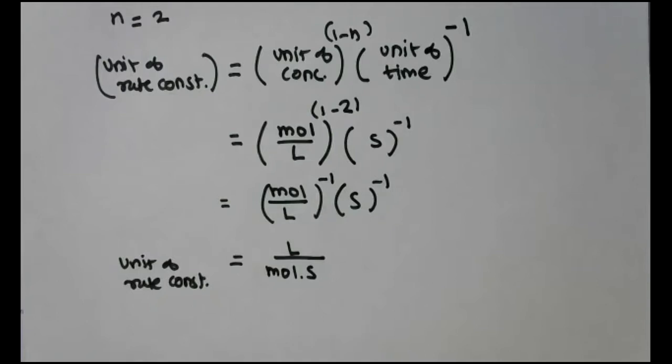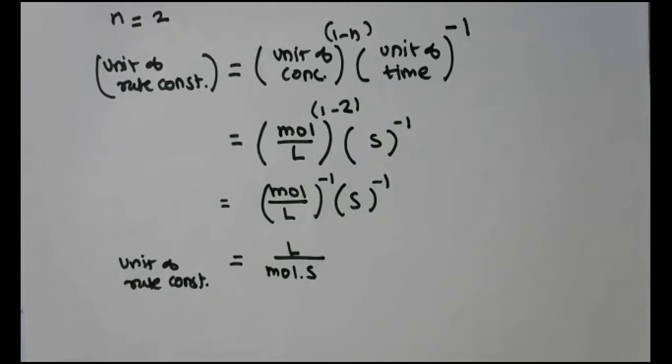So in today's session, we have tried to understand the general form of the rate expression, what is meant by overall order of reaction, what is meant by individual order of reaction, how the rate law expression is written for elementary and non-elementary reactions, and how the unit of rate constant is dependent on unit of concentration, unit of time, and order of reaction.